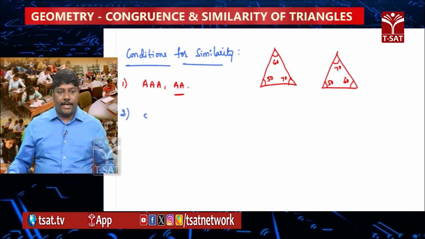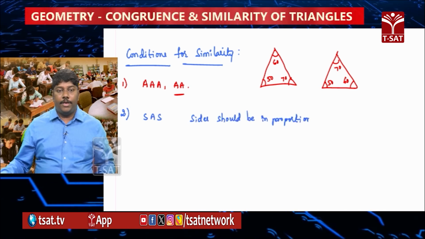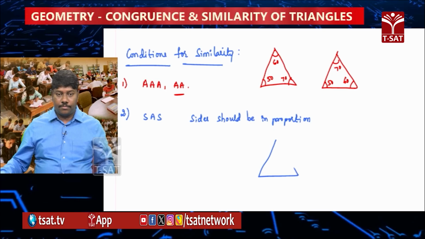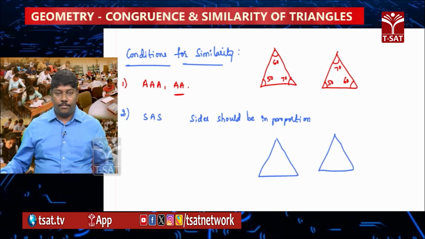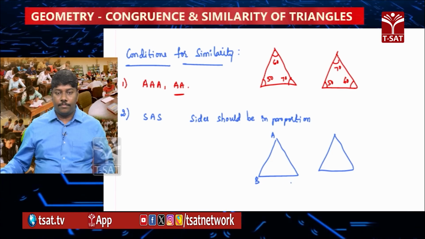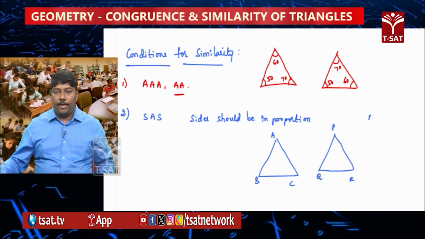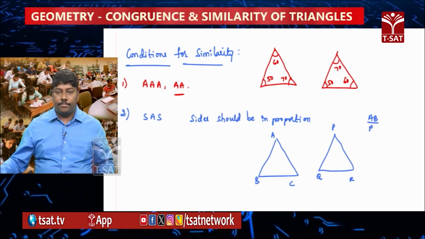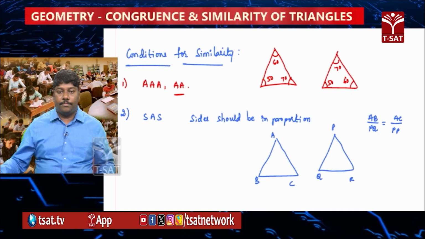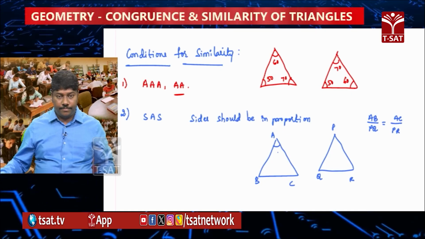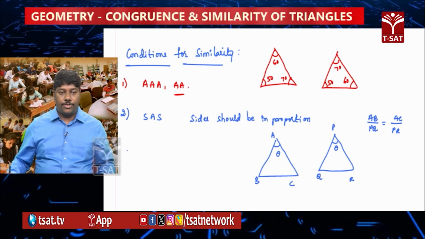The second condition, side, angle, side. Sides should be in proportion and the angle should be equal. I mean to say, if I take ABC and PQR, AB by PQ, proportion means their ratio must be equal, AC by PR, and angle A should be equal to angle P. The third one is SSS.